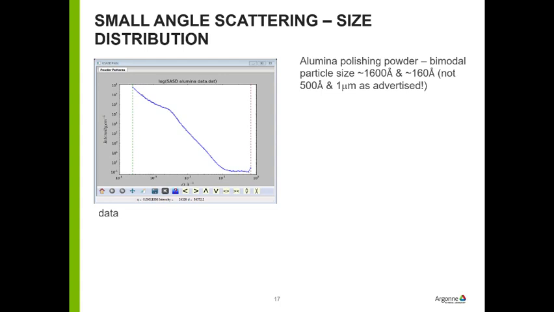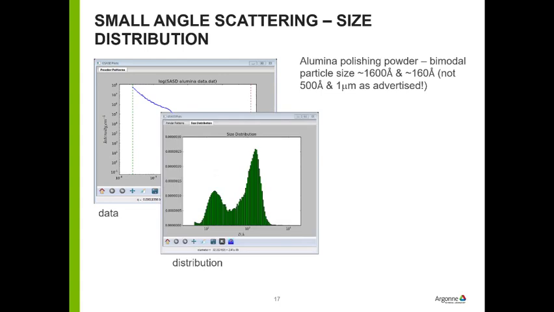Now, the average, the manufacturer said, is 500 angstroms and 1 micron. The actual fact of the matter is that one's about 160 angstroms and 1600 angstroms. So it's not what they said it is. So the first thing you can do is a size distribution, which is basically, in a crude sense, the Fourier transform of that.